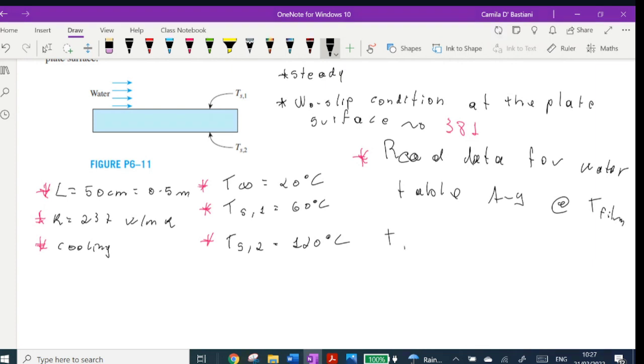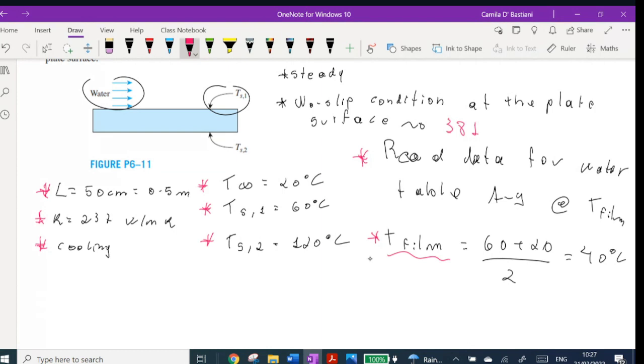My film temperature in this case is between the top surface and the water, that's what is most in contact, the water with the top surface. So 60 plus 20 degrees divided by 2. So my film temperature is going to be 40 degrees Celsius, and I'm going to read my properties for the fluid at this film temperature.